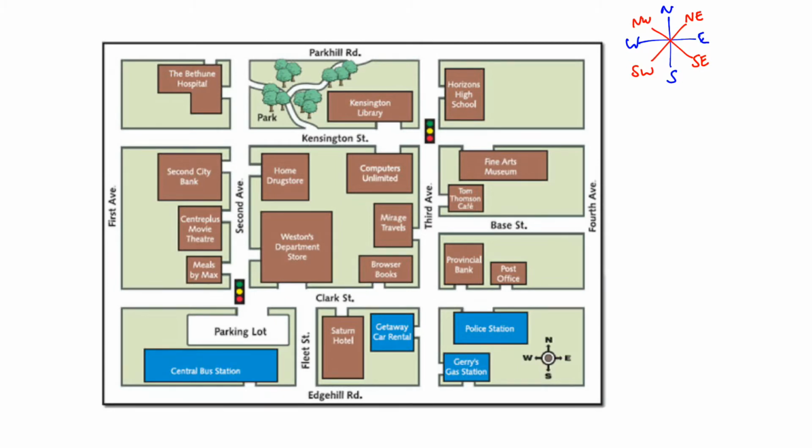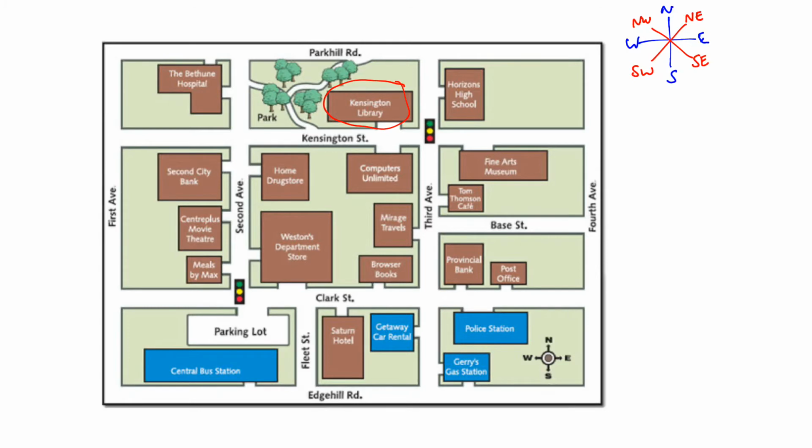Right, so what does this journey describe? So let's start at Kensington Library, and I want you to go west on Kensington Street until you get to the crossroads, and then head south on 2nd Avenue.